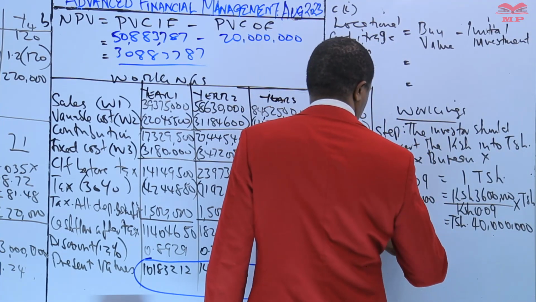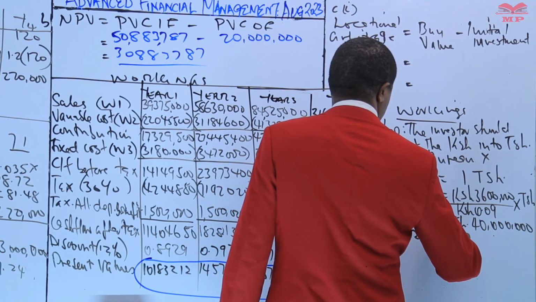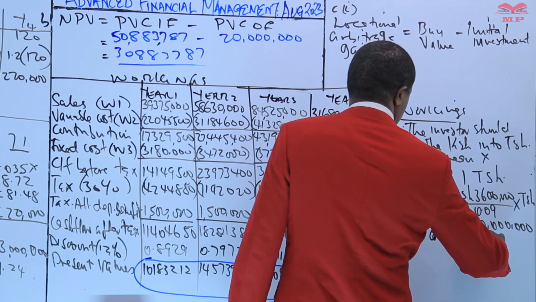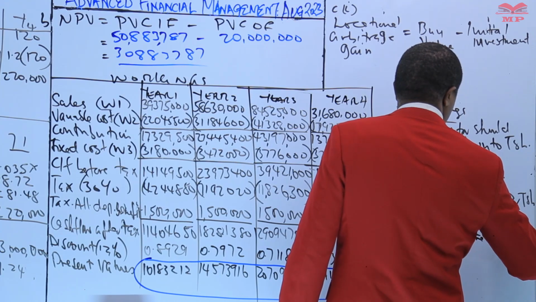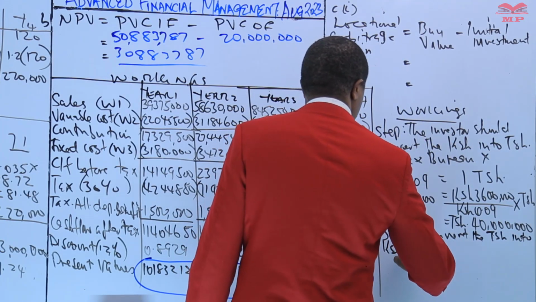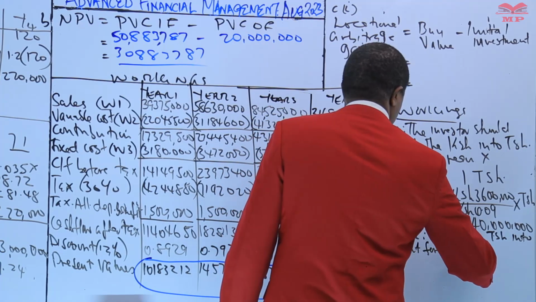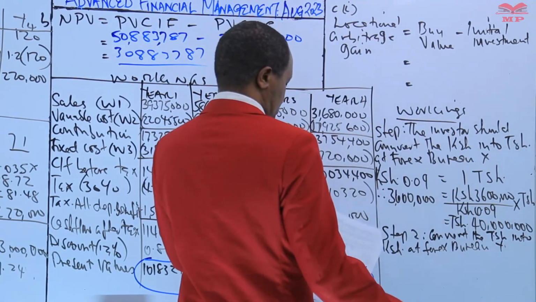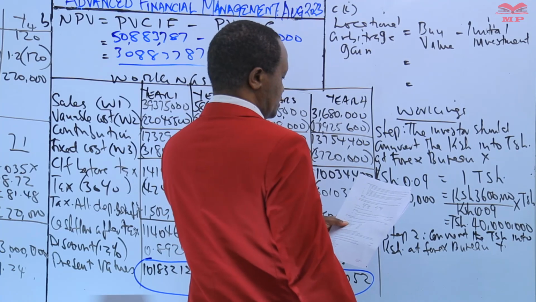This is step 2. Step 2, convert the Tanzania shillings into Kenya shillings at Forex Bureau Y. And the exchange rate here is 0.11.